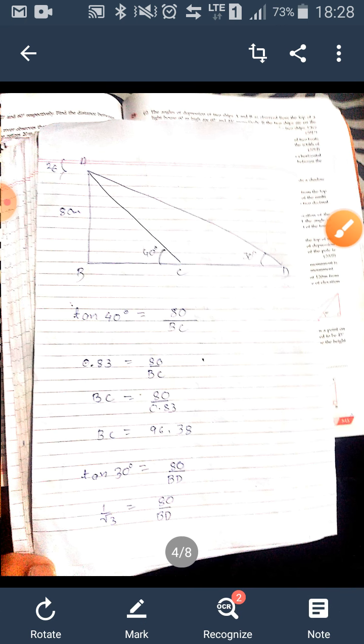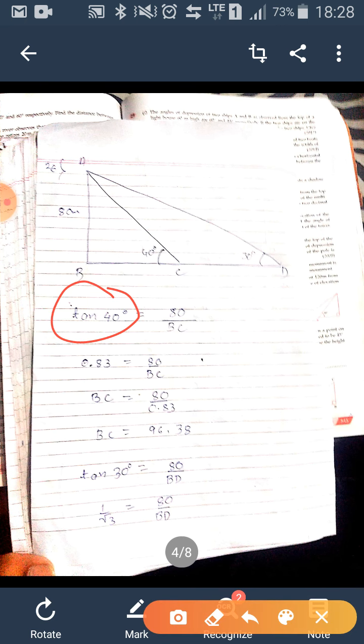Let's look at triangle ABC first. In that, tan 40 degree is equal to 80 by base, means perpendicular by base. Perpendicular is 80 and base is BC, which is not given, so I write it as BC only. Understood?